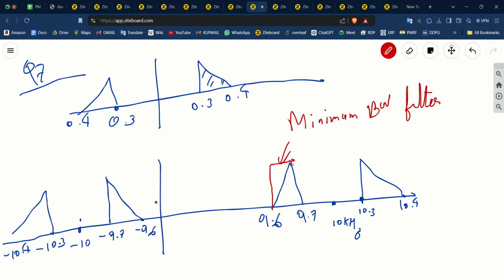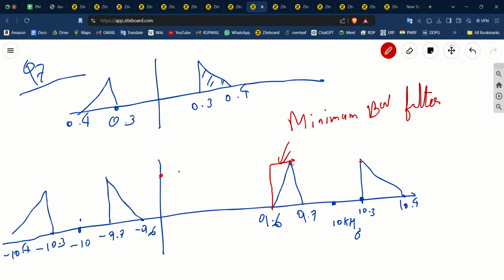Now, what will be the maximum bandwidth? For maximum bandwidth, you can go from 0. You can take this whole thing. If you pass this whole thing up to 9.7, you will still get only this band. But if you pass 10 kilohertz, then also you will only get this thing.